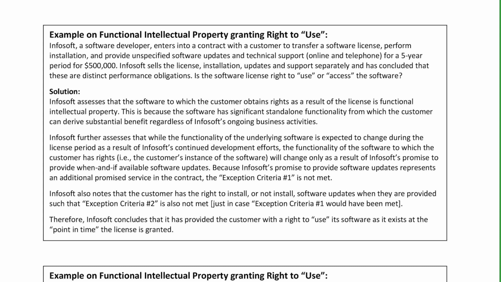Infosoft sells the license, installation, updates, and support separately and has concluded that these are 4 distinct performance obligations. The question is: put a box around software license, right to use or access the software?